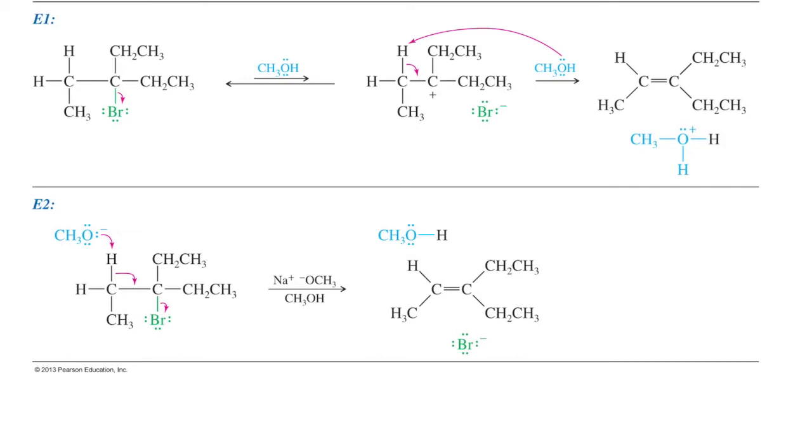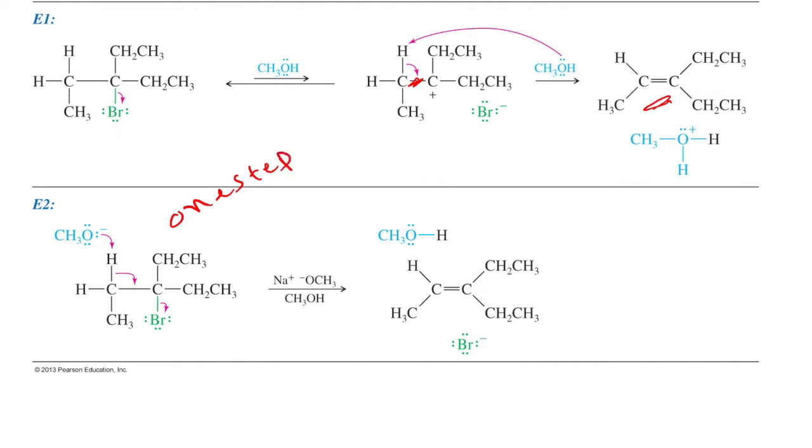The Br, a good leaving group, goes away and the base will abstract a hydrogen and create a double bond here, as you can see. This is for E1. Elimination first order. Elimination second order.